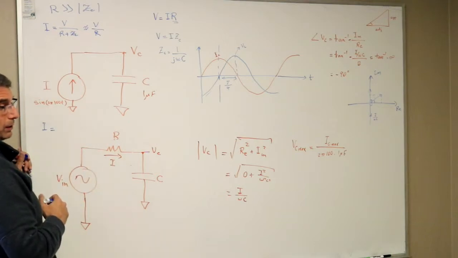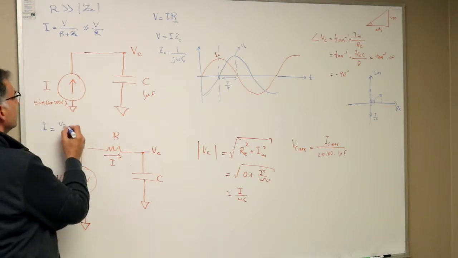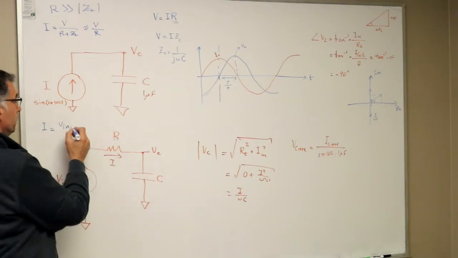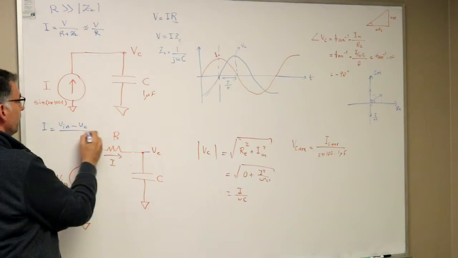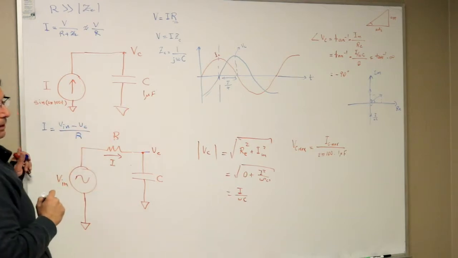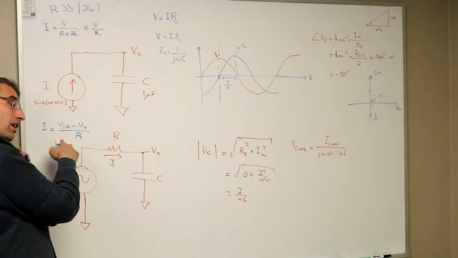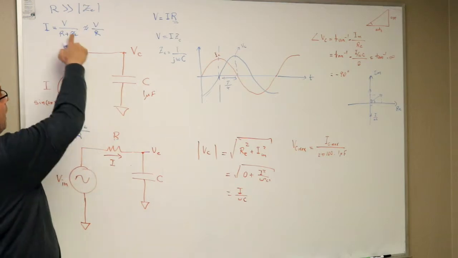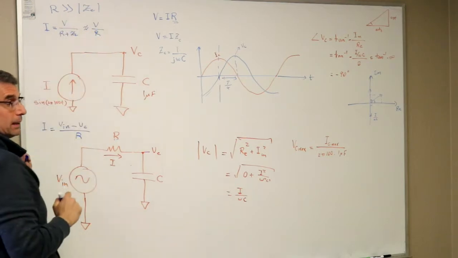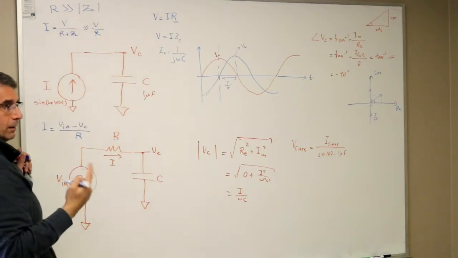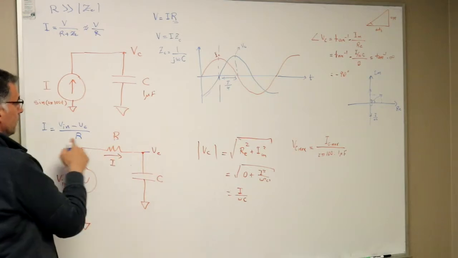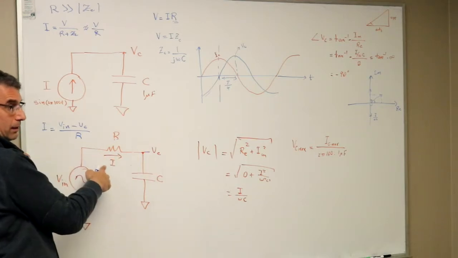What is the voltage across the resistor? V in minus VC, divided by R. So if I do this, I'm actually finding the exact current, right? And I don't have to make this R much larger than ZC. I can put any R I want. I make the measurement, I find the current, okay?